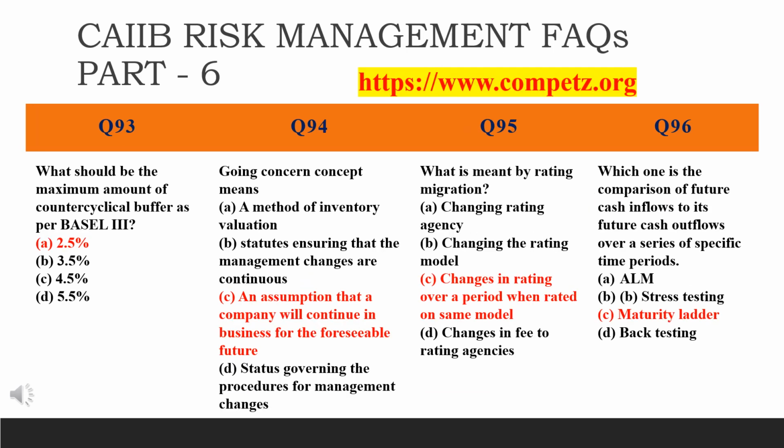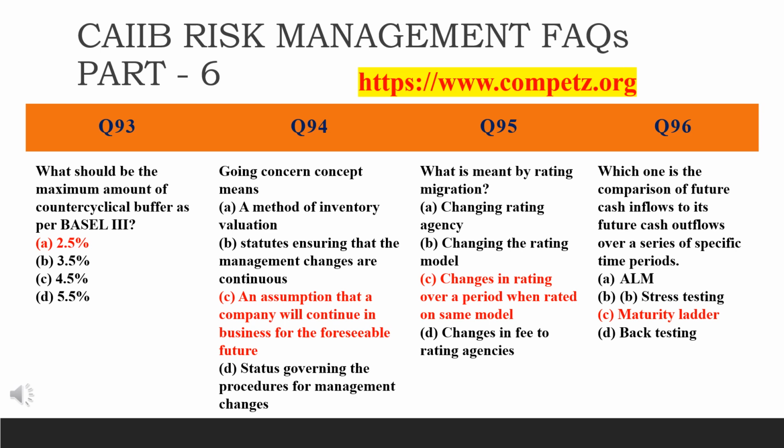Now, question number 93: what should be the maximum amount of CCB, that is, the countercyclical buffer, as per Basel III? I repeat the question once again: what should be the maximum amount of countercyclical buffer as per Basel III?